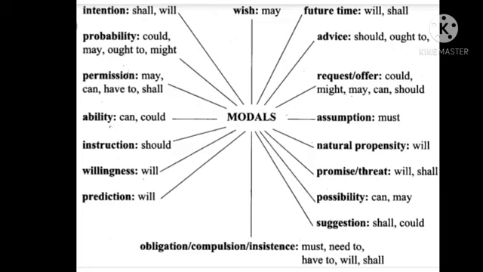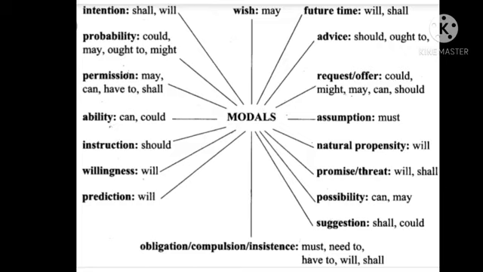Then in order to ask permission, we use can, may, have to, or shall. Then for ability, we can use can and could. Can is for the present and could is for the past. Then for instructions, we use should. Then for willingness, we use will.